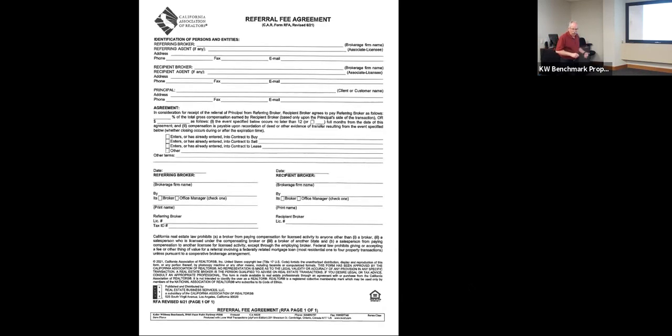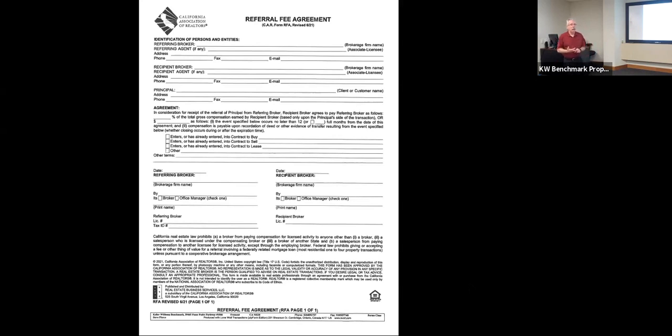Now, the next thing I want to share with you is what I've done is I've put these forms in what I call a chronological sequence based on your representations and interactions with clients. So the first couple of documents deal with the potential where you're not going to represent the client. You're going to refer them out.